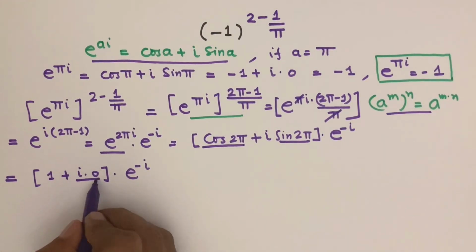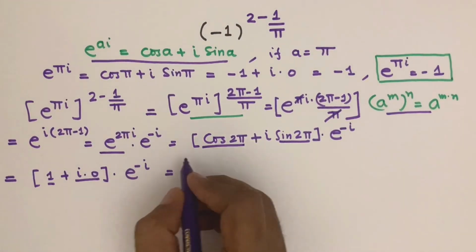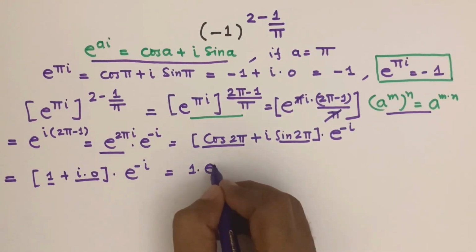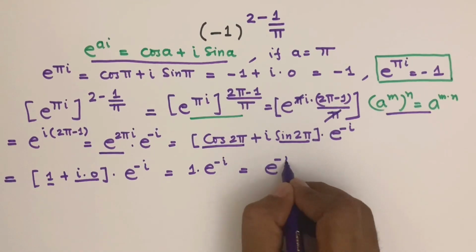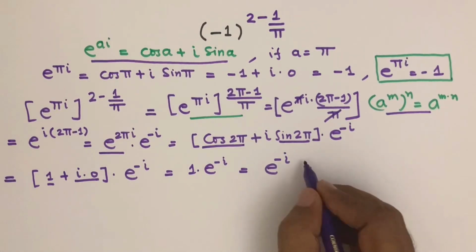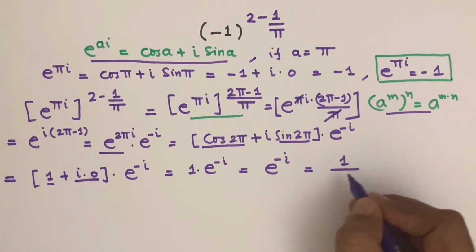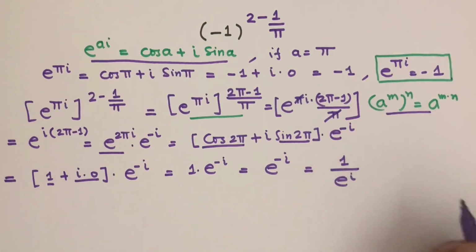So here this is 0, this is 1, so we got 1 multiplied by e^(-i), which equals e^(-i), or it can be written as 1 divided by e^i.